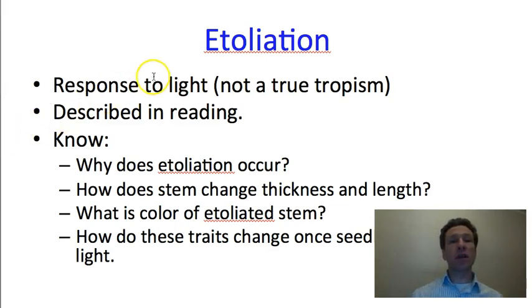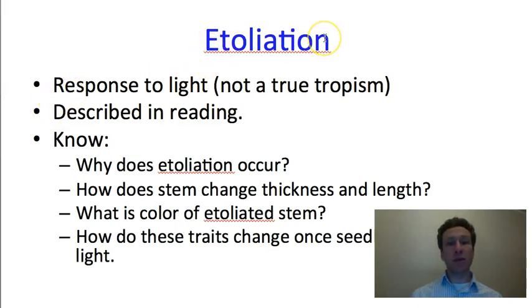So etiolation is not a true tropism because it's not a movement towards a particular stimulus. It's just an upwards growth, as well as some other features. But it does involve growing, and it involves a response to the environment. So we'll cover it here.